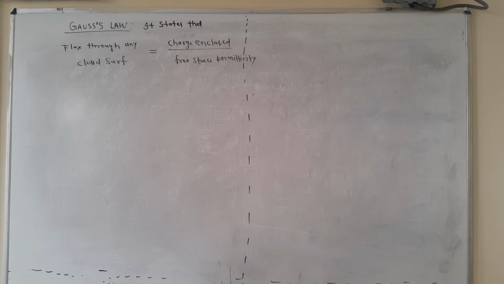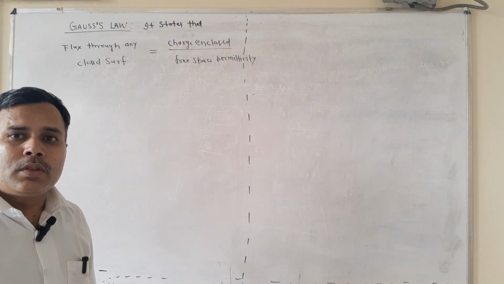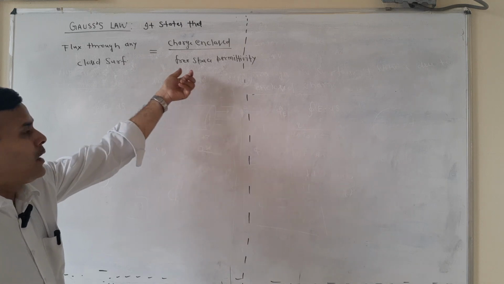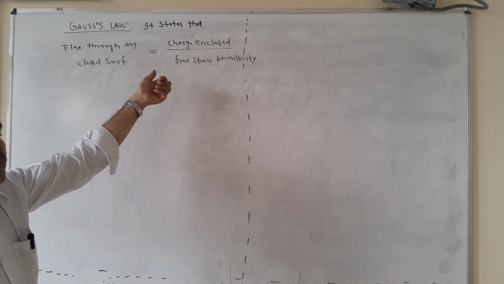So Gauss law simply states that the flux through any closed surface is equal to the charge enclosed in that surface divided by free space permittivity.